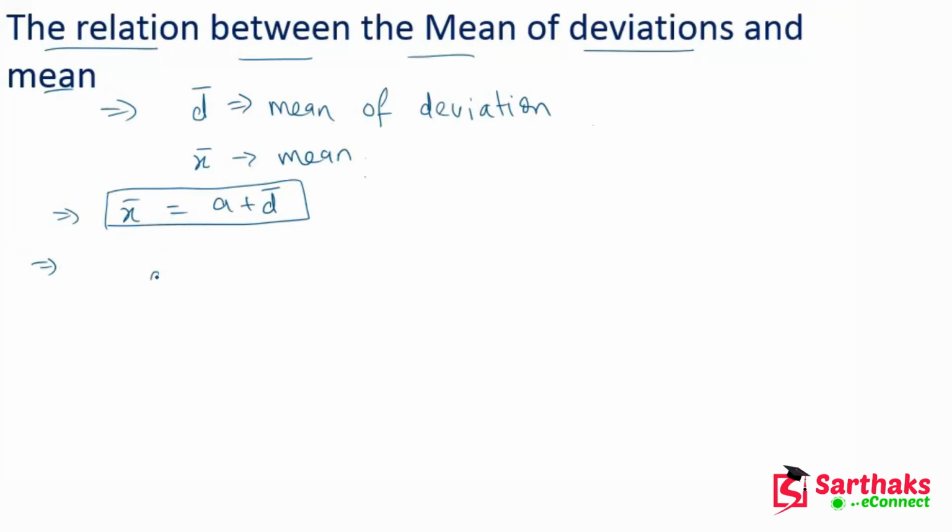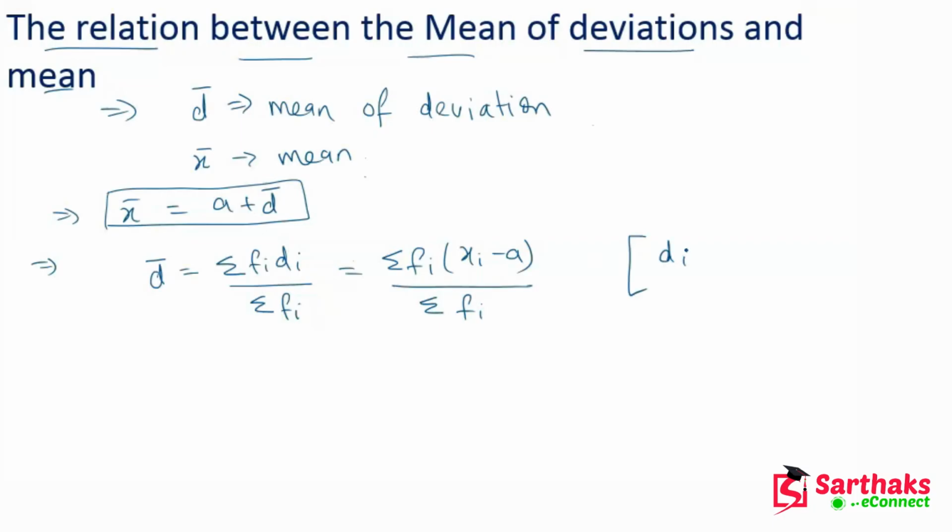So now, my dear friends, we know that d bar is summation of fi di divided by summation of fi. Now in place of di we can write it like this: xi minus A divided by summation of fi.